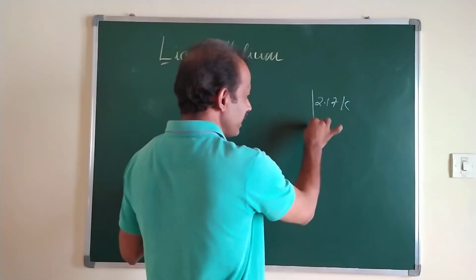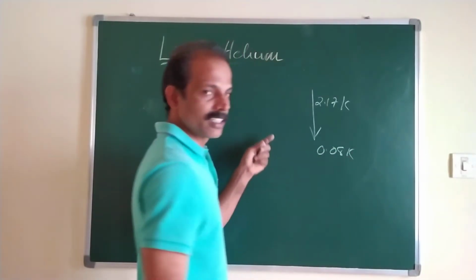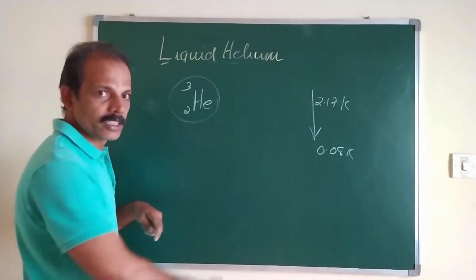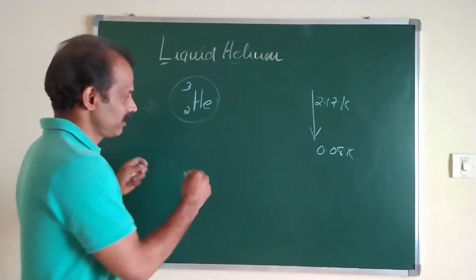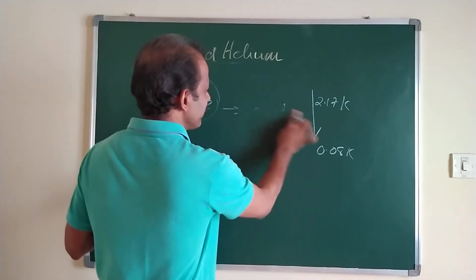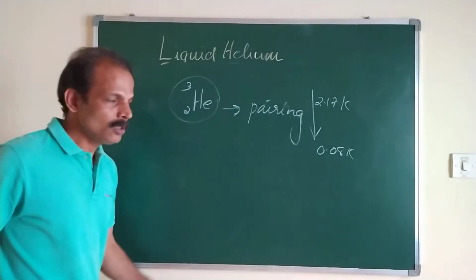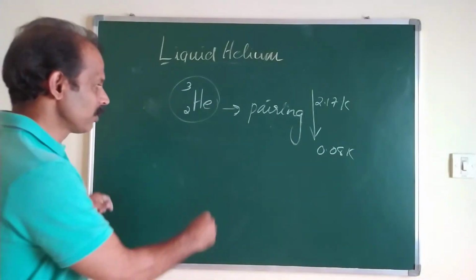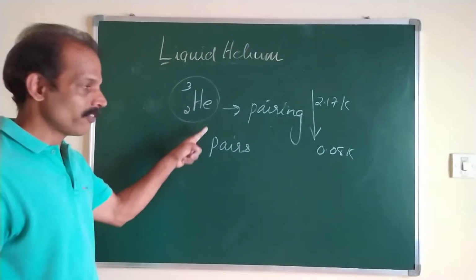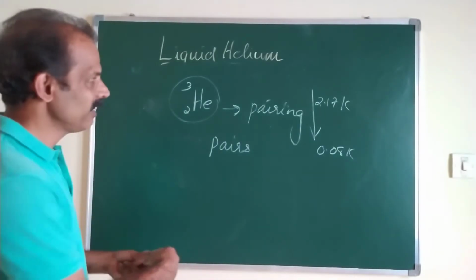But again, when we decrease the temperature to a very low temperature, 0.08 Kelvin, it shows superfluidity because two helium atoms undergo coupling, or you can say undergo pairing. Two helium atoms undergo pairing, so it exists as pairs. When particles exist as pairs, two atoms undergo pairing and exist as a single particle, what happens?